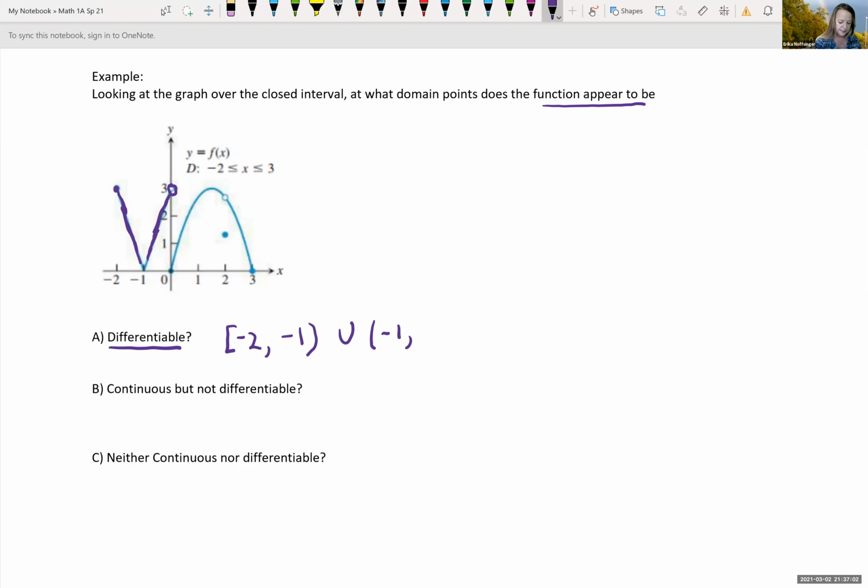So -1 to 0, that would be parentheses because we're not including those values. Then I notice that this is smooth and continuous until I hit this open circle when x is 2. And so it's also differentiable, not including 0, but getting close to the left. So parentheses 0 to 2 parentheses. Union, and then it's also differentiable from 2 until I hit 3.